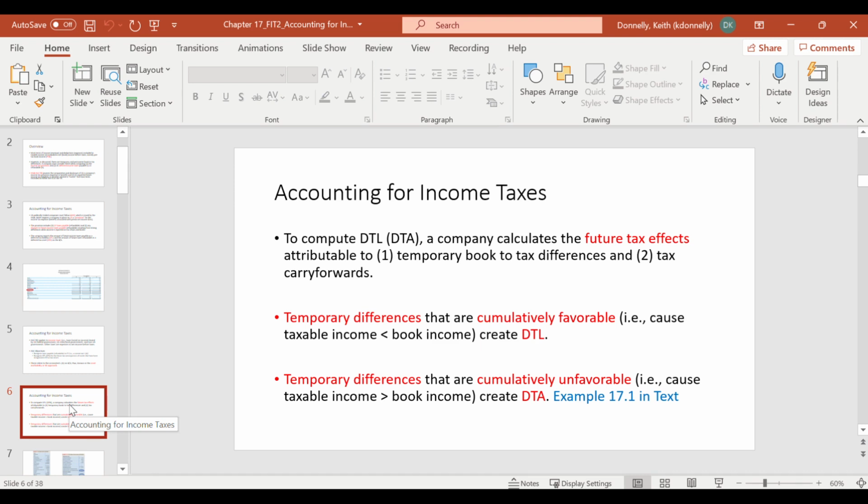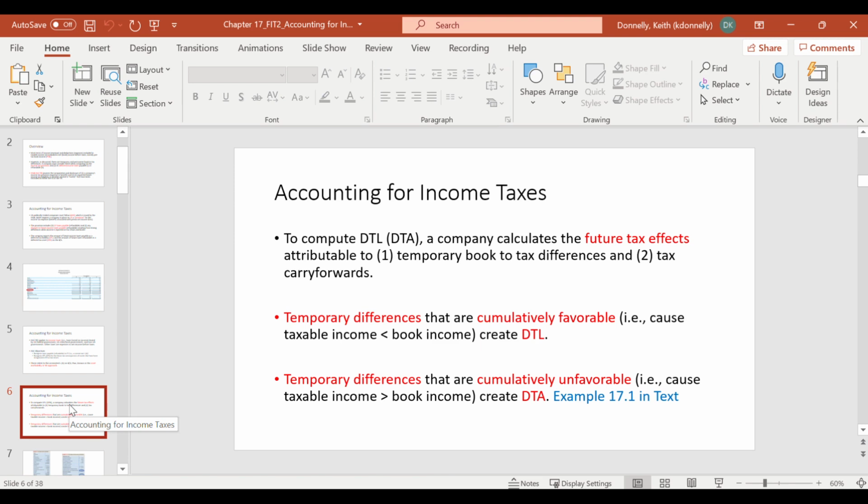Let's think of a very simple example here, right? Because this is kind of theoretical right now. This may be hard to think about. Let's just use depreciation. Let's say on your tax return, you're going to bonus 100% depreciate the item. Let's say it's a $100 item, you take all $100 expense in the current year.